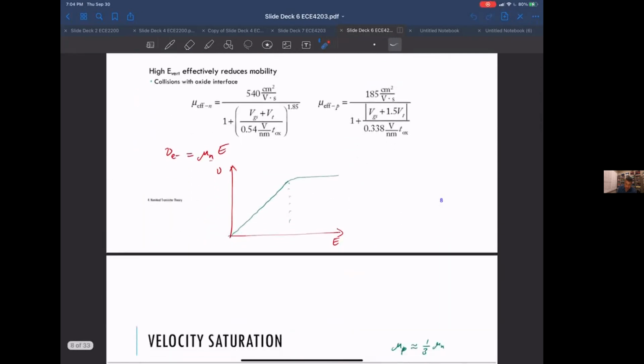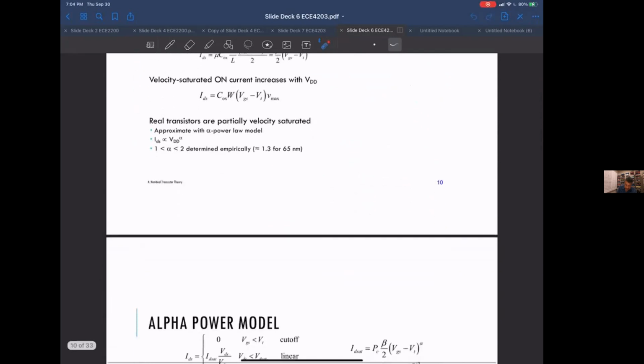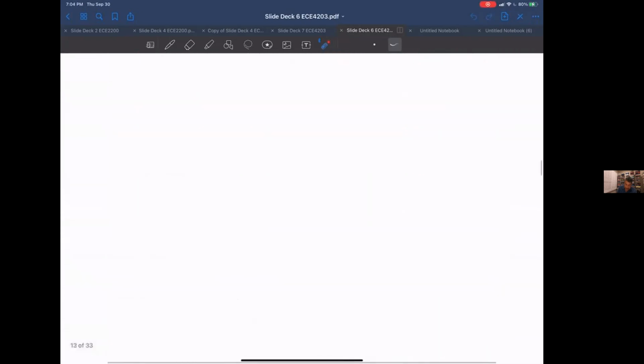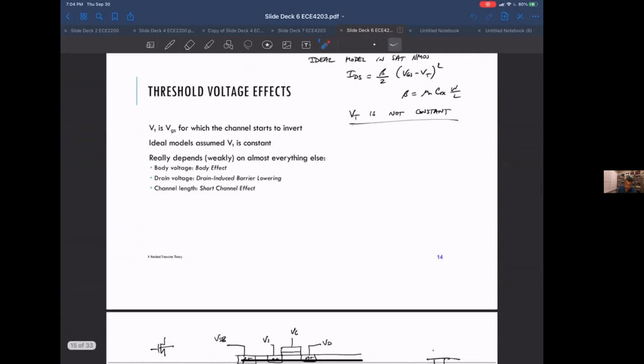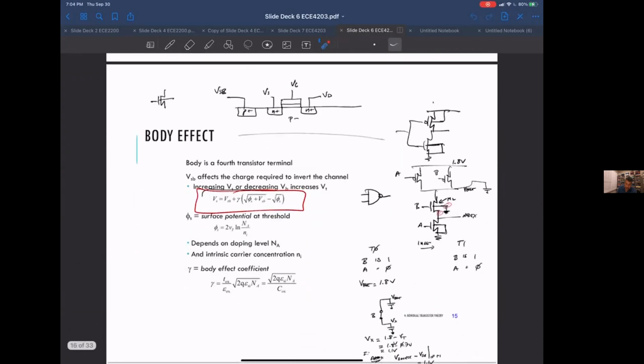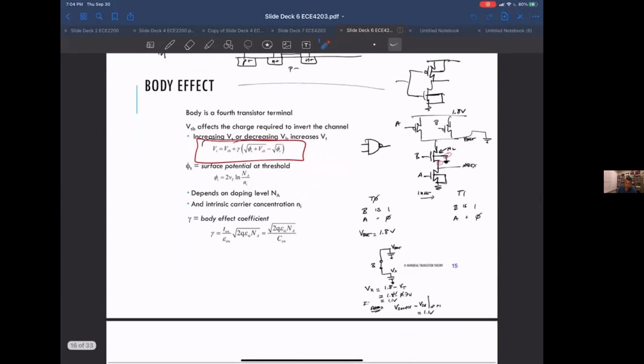Last time we talked about the body effect, which is where we left it off. The body effect is when the source and the body of a transistor are not hooked up to the same voltage. You see that in both NMOS and PMOS. For example, the second transistor in your NAND gate is a good example.